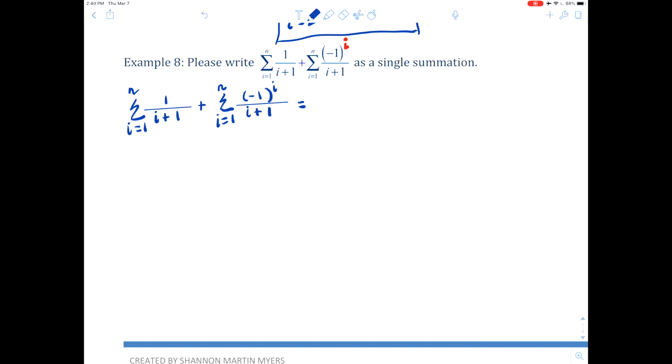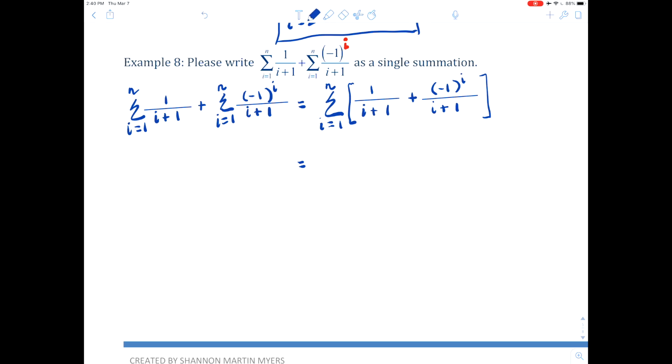So that means we can write it as one happy summation where we are summing 1 over i plus 1 plus negative 1 to the i over i plus 1.